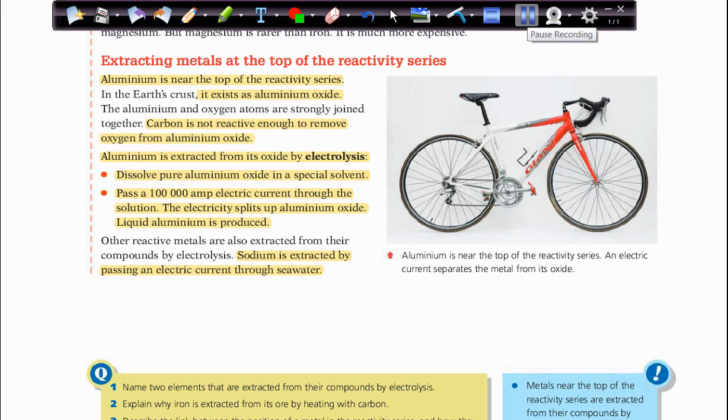Okay, now this video was talking about how we can extract aluminium using electrolysis. So let's take a quick review of the summary of what we studied in this lesson. We were talking about the reactivity series and how we can use the reactivity series to extract metals from their ores.